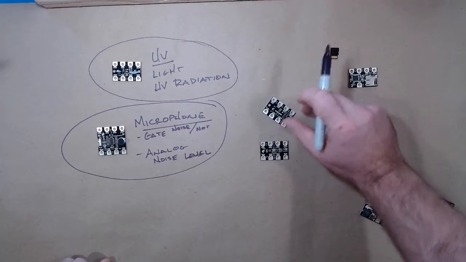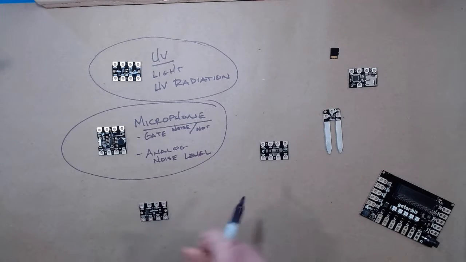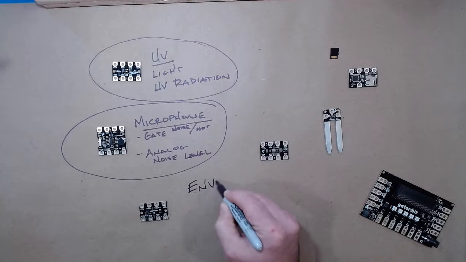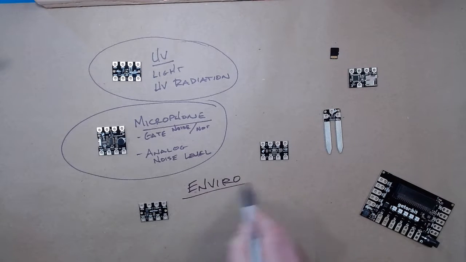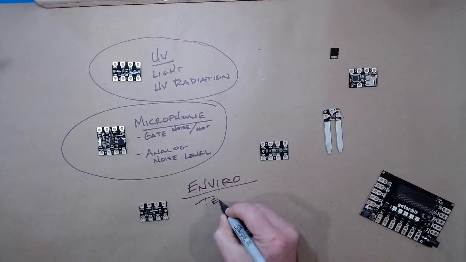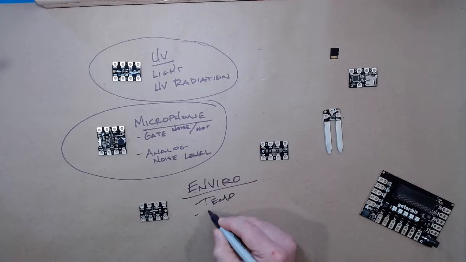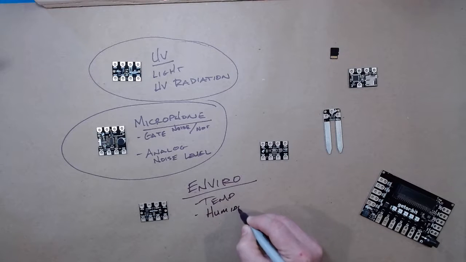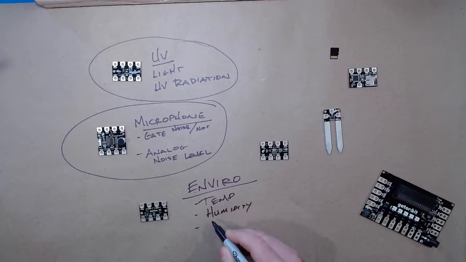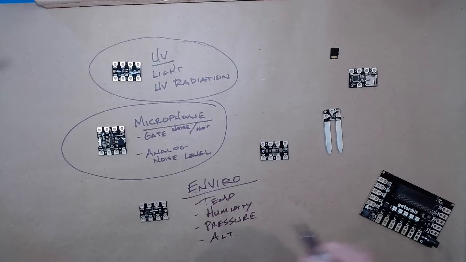Next up is the Gator environment. And this is actually my favorite sensor because you get a lot out of this single board. You get temperature, humidity, barometric pressure, altitude, which is extrapolated from barometric pressure.